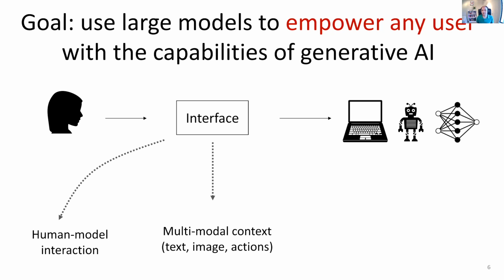Oftentimes in robotics, we have depth images, LiDAR point clouds, infrared cameras, many other types of modalities that we don't normally talk about in traditional computer science. And we would also love if these models could generalize to multiple tasks as opposed to being specific to a single task. But many of these models we've seen today are quite general in nature, so that's a good thing.